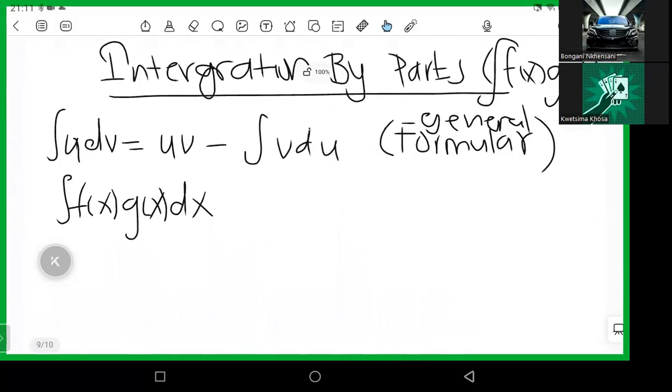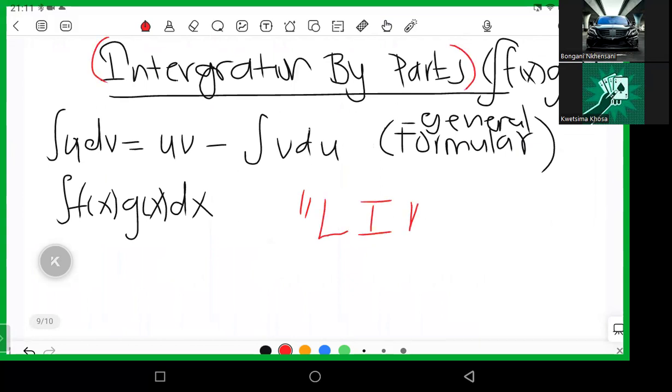And before I give you guys the example, another thing that you must remember is that in order to use integration by parts, you must also know this abbreviation. I almost forgot. This is a very important abbreviation. Everyone should know it. L stands for logarithmic functions.